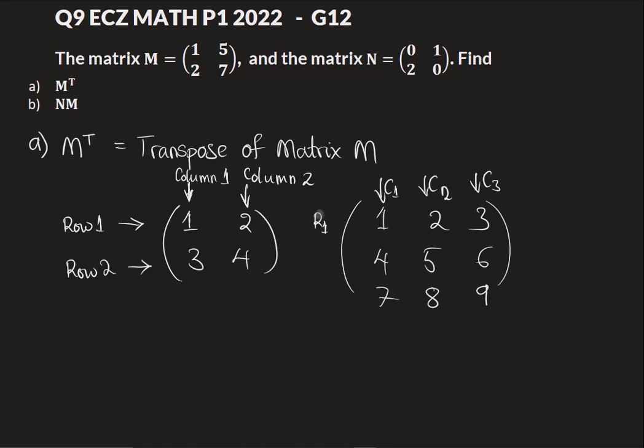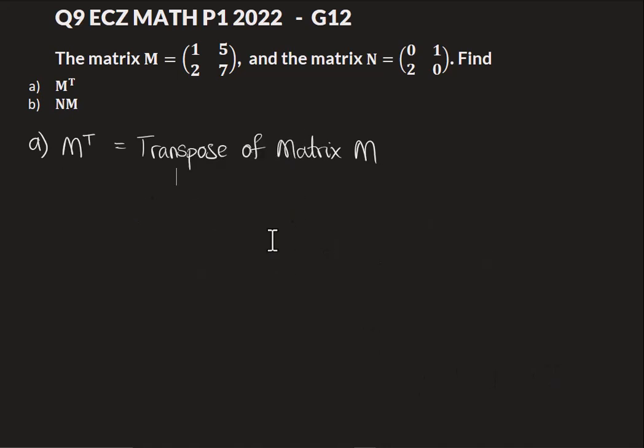This is our first row, our second row, our third row. It's important to know what are the columns and what are the rows because there's something we call an order of a matrix. The order of a matrix is the rows times the columns. So matrix M here is a 2 by 2 matrix, which means it's got 2 rows and 2 columns.